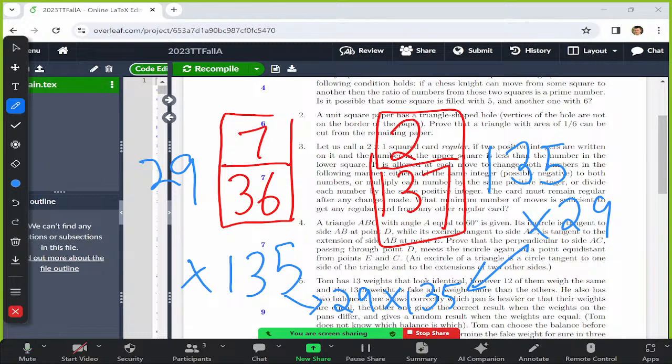You see that? So if they have the same difference, then I can just subtract to get from one to the other. So this would be 7 times 135, and this would be 36 times 135. And this would be 2 times 29, and this would be 137 times 29.